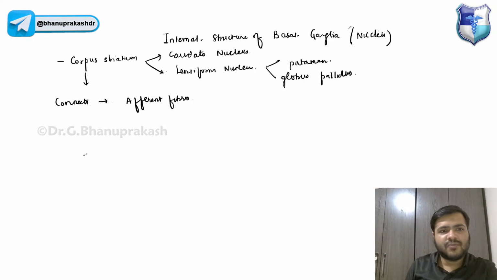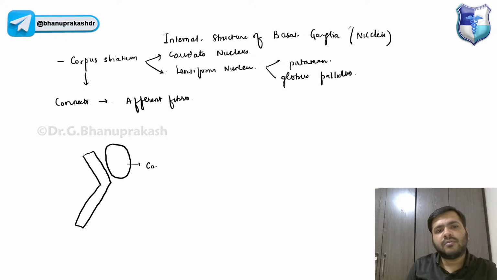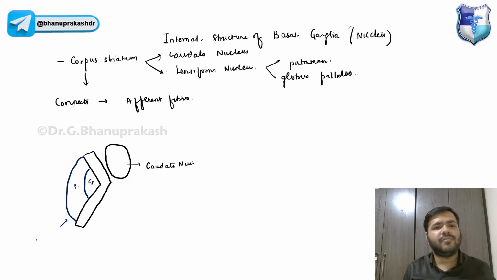Now, let us suppose that this is the internal capsule. We have the caudate nucleus over here. And over here we have this lentiform nucleus, which has two parts, the globus pallidus and the putamen.